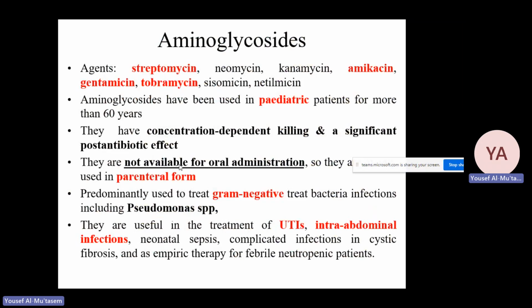But in certain life-threatening conditions, vancomycin in combination with aminoglycosides or penicillins in combination with aminoglycosides can be used for the management of enterococcal endocarditis or in the case of meningitis.